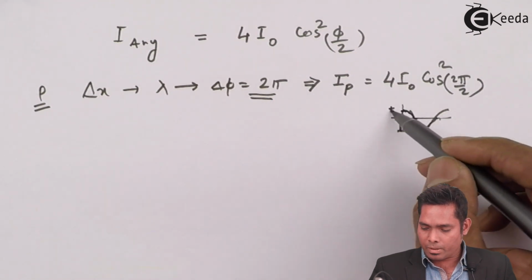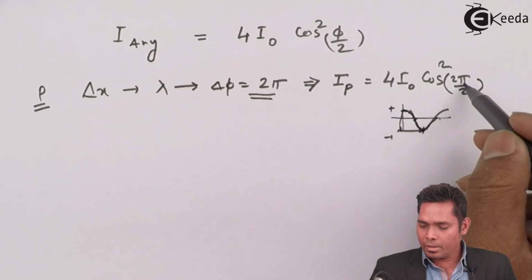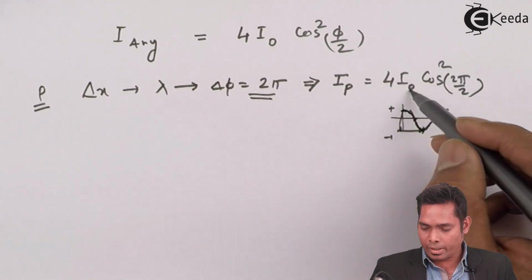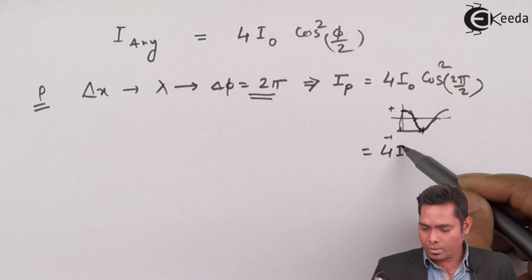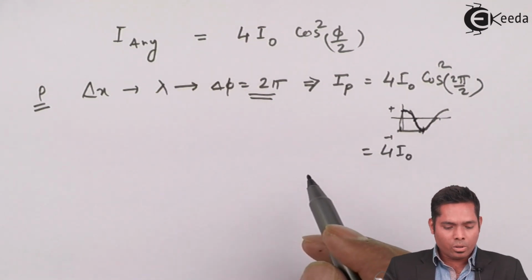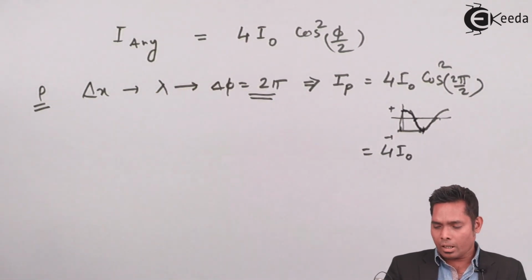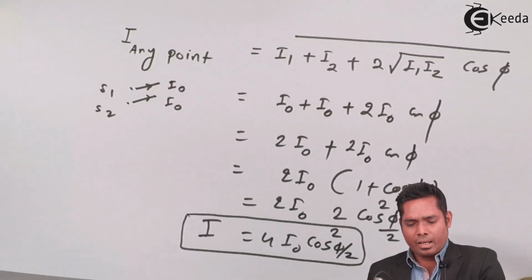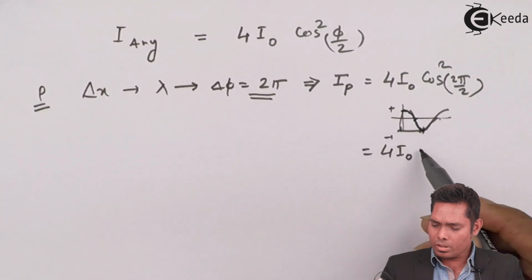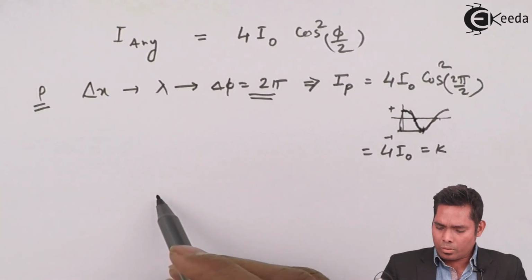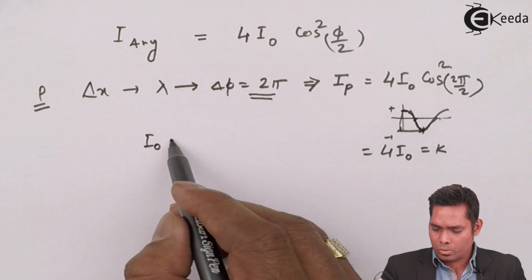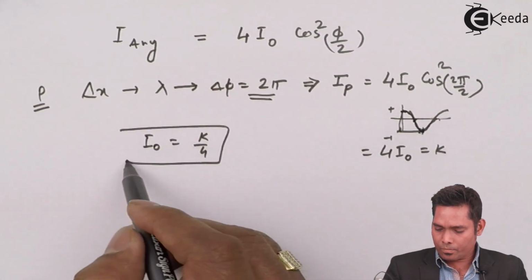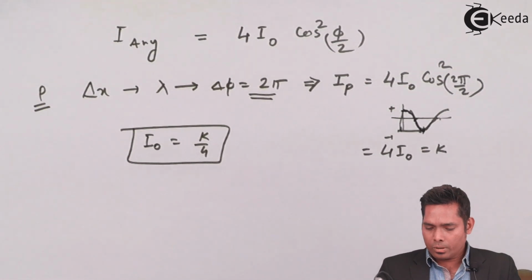You can see here, cos pi is minus 1, minus 1 square is 1, so it is 4I naught. So intensity is 4I naught. That is why I was telling you that the intensity corresponding to point lambda is 4I naught, which is given as K, so this is your K. So I naught equals K by 4.